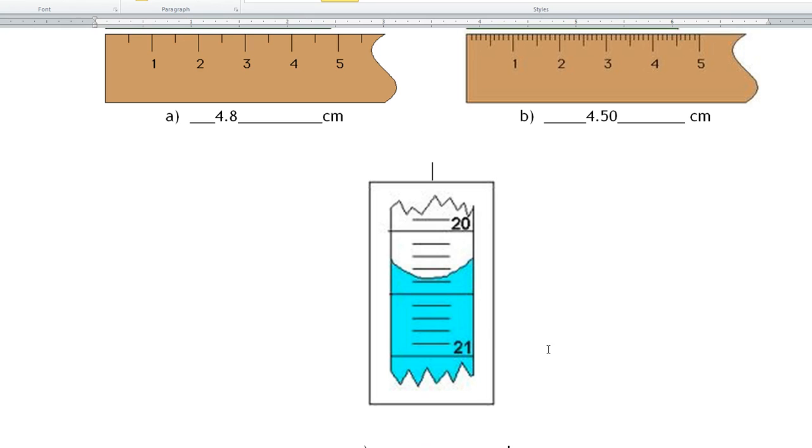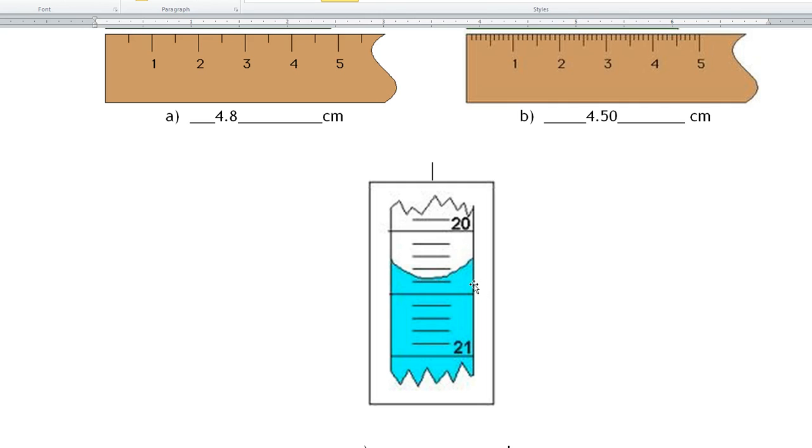Now the graduated cylinder is the same way. So I have 21 and 20. So that means each of these lines is actually like 21.1, 21.2, 21.3, 4, 5, 6, and then all the way up. So since, again, all these lines are technically marked, again, it doesn't say next to each line 21.6, 21.7.